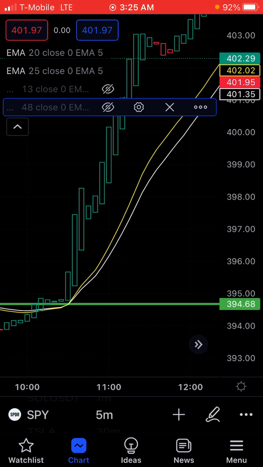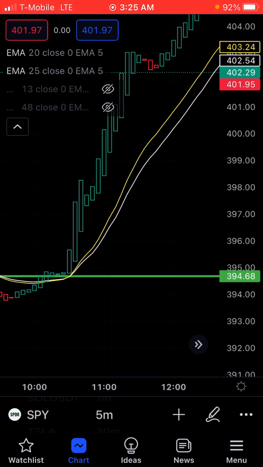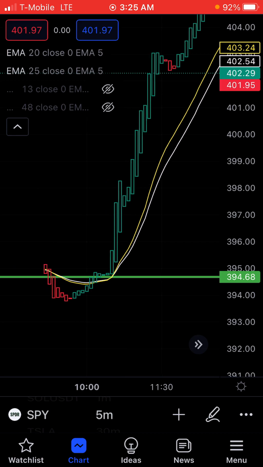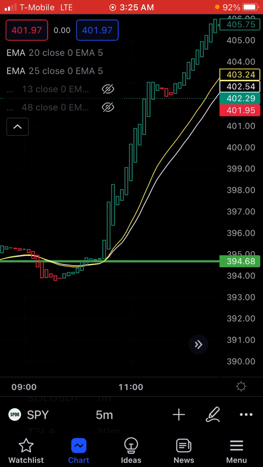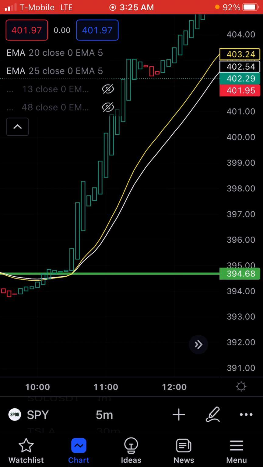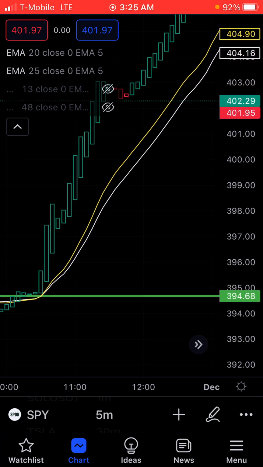So if I was doing options trading, I would look for a call option around 394. That's what I would do. And basically the hidden strategy here is, let me try to zoom. You got to zoom in and out with this strategy. When you have the 20 and 25 loaded, what you want to pay attention to are the lines.